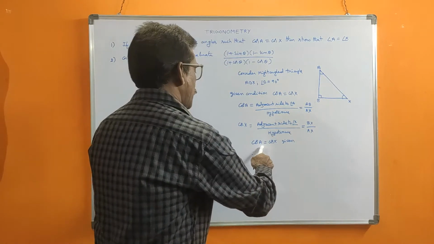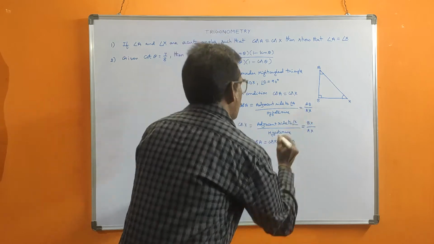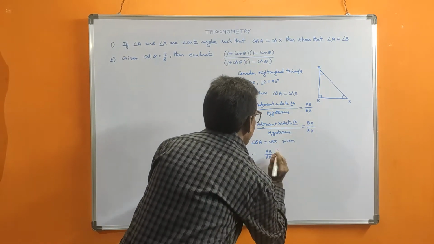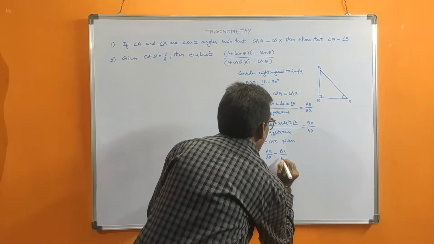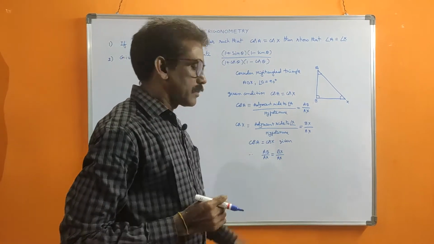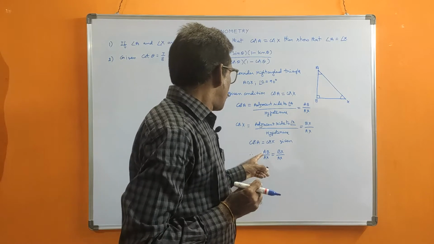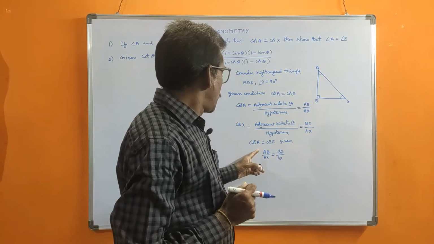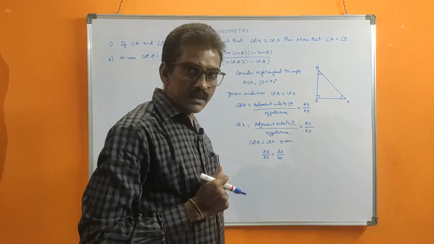Therefore, because he gave these, you can substitute the values. The cos A value is AB by AX, which is equal to the cos X value, BX by AX. So he gave this statement. See, in a triangle, these two are fractions: AB by AX is equal to BX by AX.